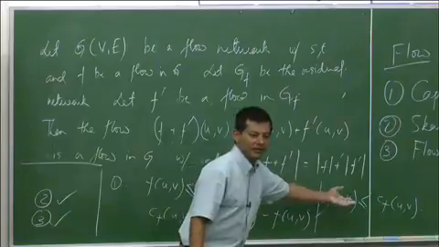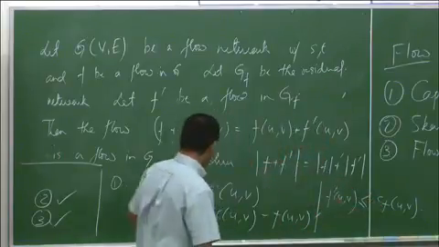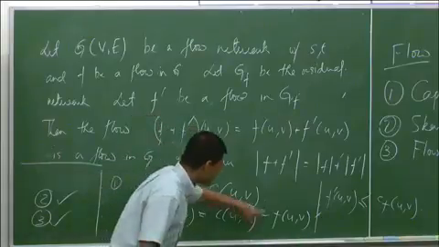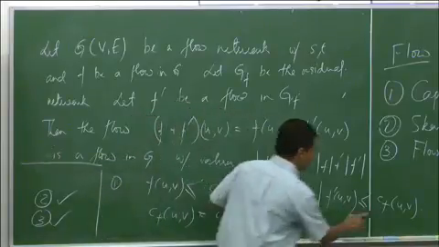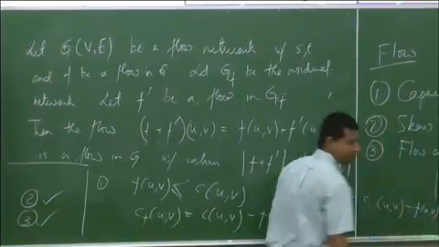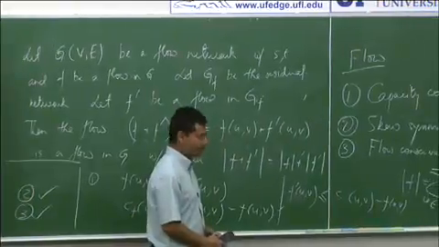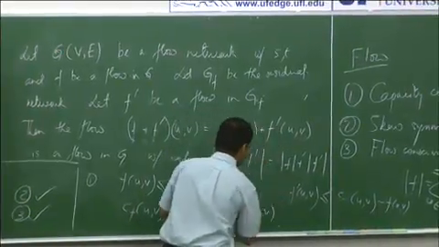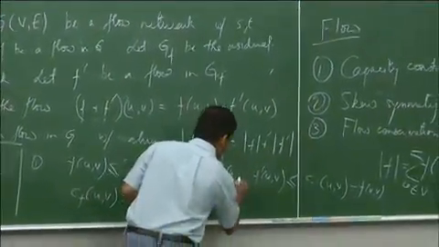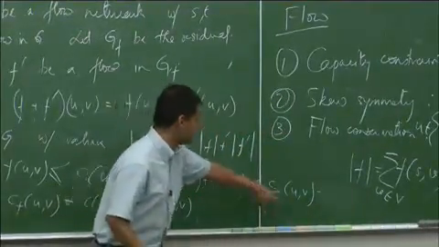And immediately you can see the result, right? F prime is less than equal to Cf. Cf is essentially C minus F. So I can replace that with C minus F. And I move that to this side. So I get F u v plus F prime u v less than equal to C u v.